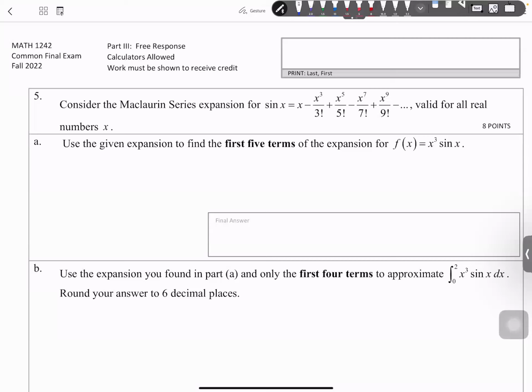All right, so here it is. Sine of x is equal to x minus x cubed over 3 factorial plus x to the power 5 over 5 factorial minus x to the 7th over 7 factorial plus x to the 9th over 9 factorial, and so on.